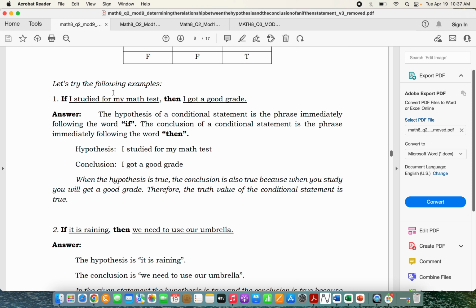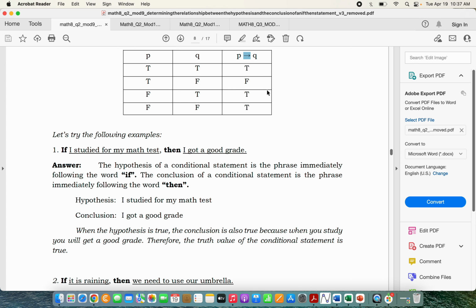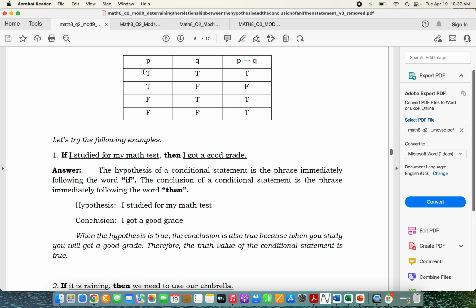So, if both the hypothesis and the conclusion are true, therefore, the truth value of this statement is true. So, andito siya sa first na to. The hypothesis is true. The conclusion is true. Therefore, the truth value of the statement is also true. Understood?